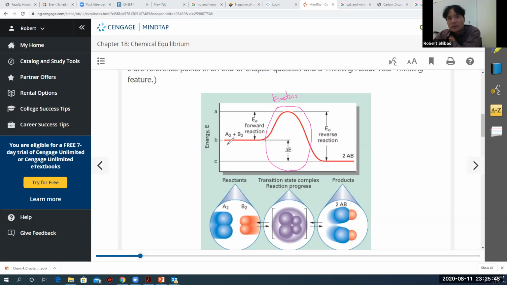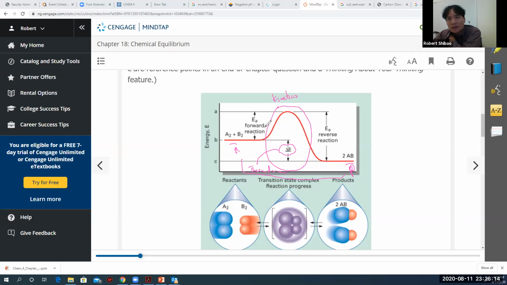And then when we look at the initial state, and compare it to the final state, this is the reactants, this is the products here. When we compare the reactants to the products, this is called the thermodynamics. And so when we're looking at exothermic or endothermic reactions, we're looking at this. This energy change between the initial and the final is the thermodynamics part.